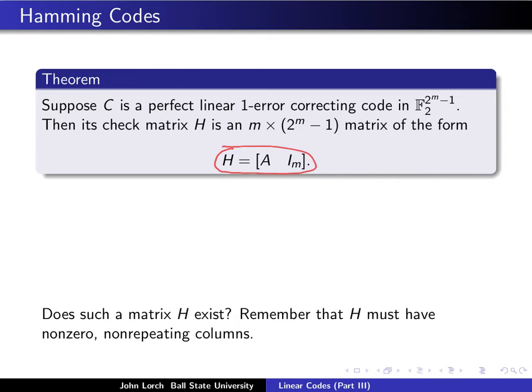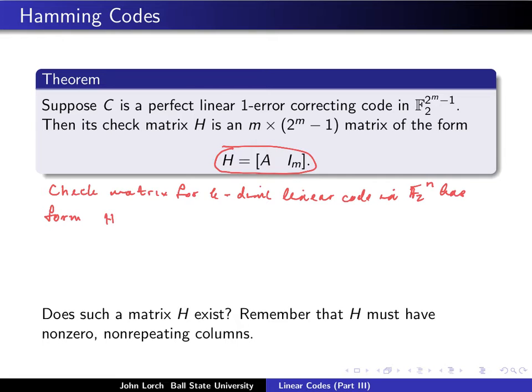Well, remember that the check matrix for a k-dimensional linear code in F2^n has this form.